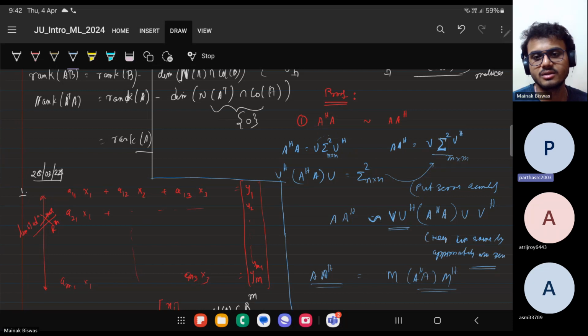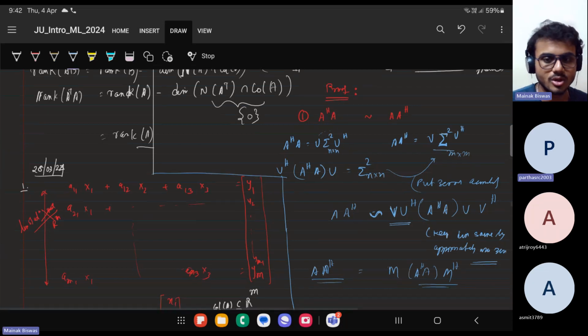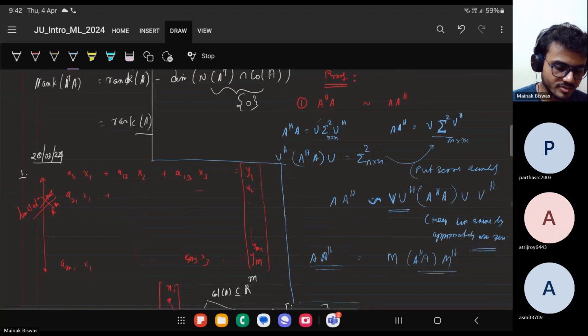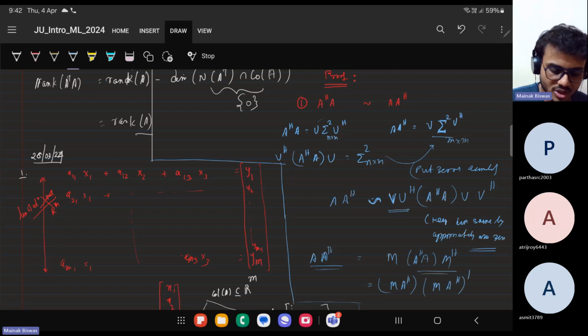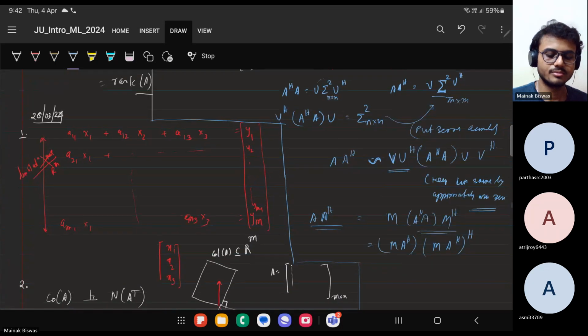Correct. Good. Which also means this is equal to M, A Hermitian, into M, A Hermitian, whole Hermitian. Yes or no? Yes.